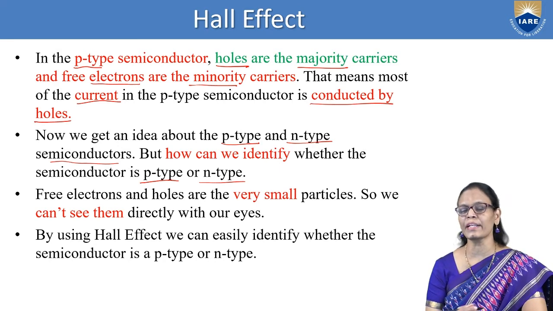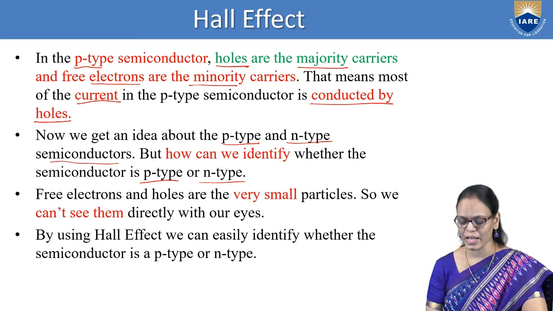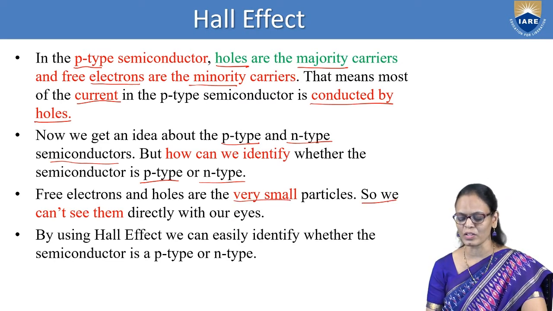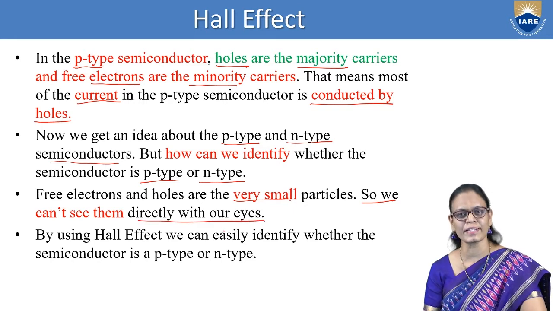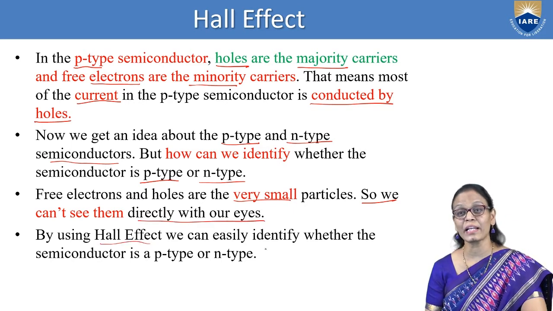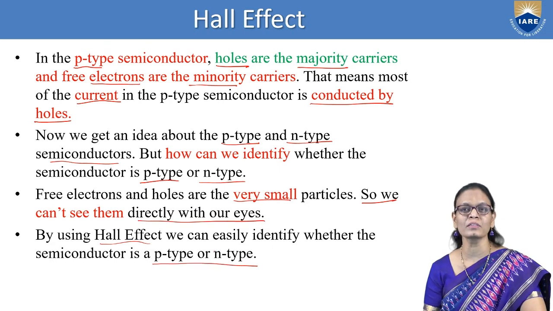But how do you identify that a semiconductor is either a p-type or an n-type? Because these electrons and holes are very small in size, you cannot see them with your eyes, obviously. But with the help of the Hall effect, you can easily identify whether a semiconductor is a p-type or an n-type.